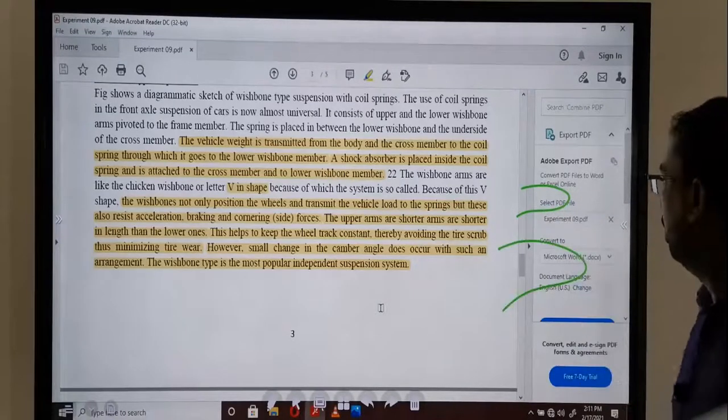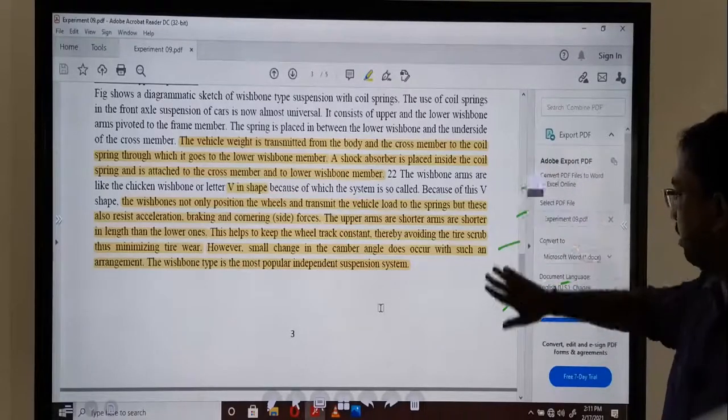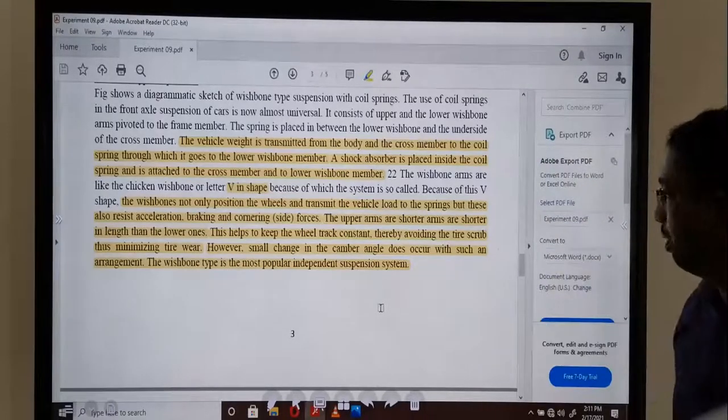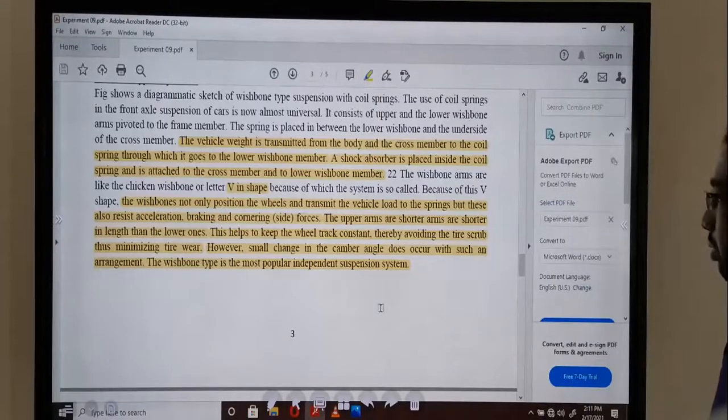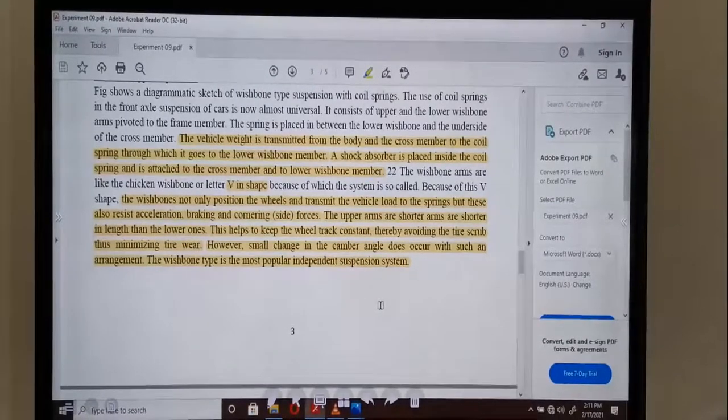The lower arm is very big in length compared to the upper arm. This helps to keep the vehicle track constant.